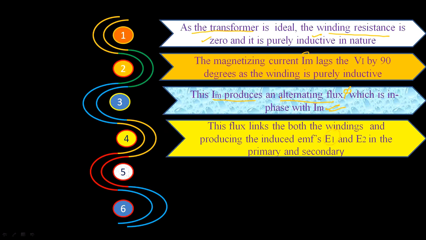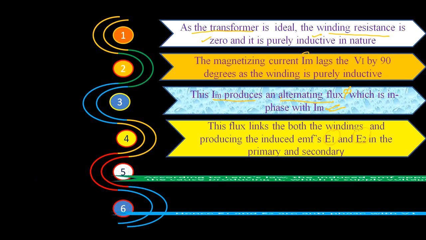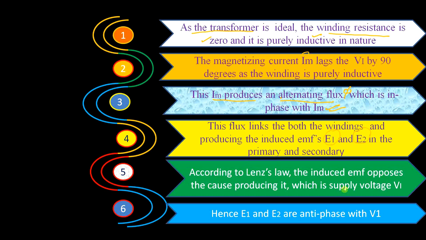The fifth point: according to Lenz's law, the induced EMF always opposes the cause of producing it, which is nothing but the supply voltage. Therefore, E1 and E2 are in antiphase with V1.